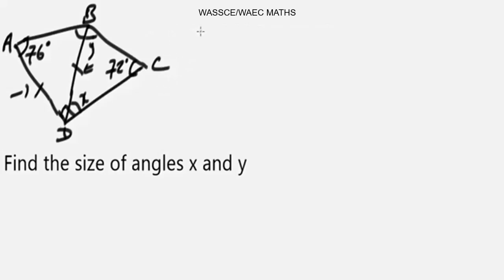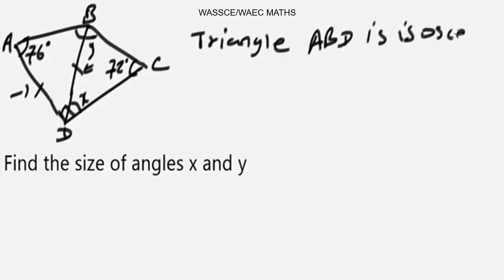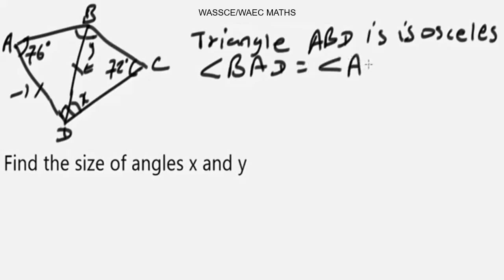Okay, so we say triangle ABD is isosceles. So since triangle ABD is isosceles, it means that angle BAD equals angle ABD, which is 76 degrees.